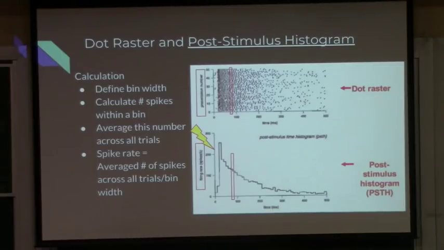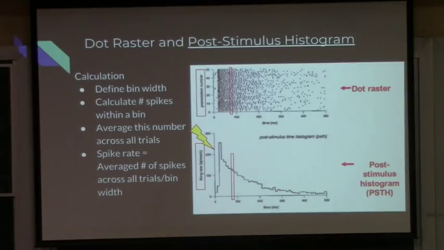The difference between this and the dot raster is that yes, you're looking at the time after the stimulus was presented, but you're taking the data of when the neuron fired and trying to find firing rate. Maybe you're trying to figure out how long it takes after the stimulus was presented for the neuron to be firing the most. Any questions about that?